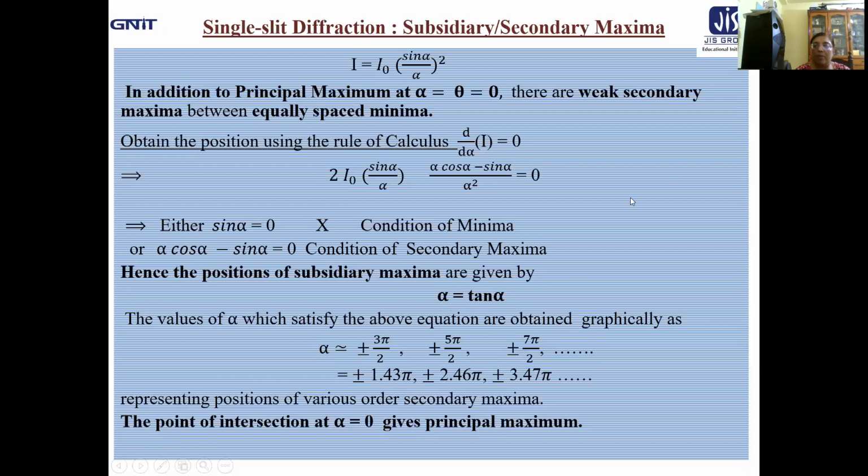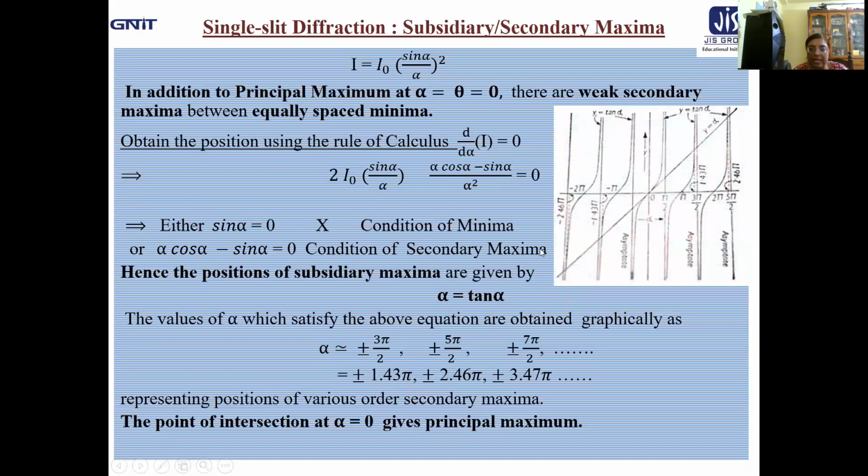This type of problem is normally solved graphically by plotting y equal to alpha and y equal to tan alpha on the same graph. y is along the y direction and alpha is along the x direction.